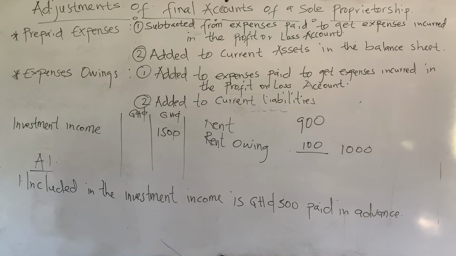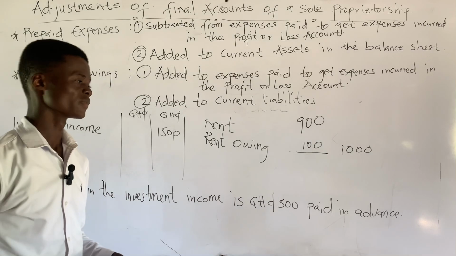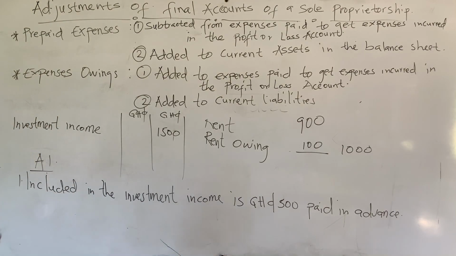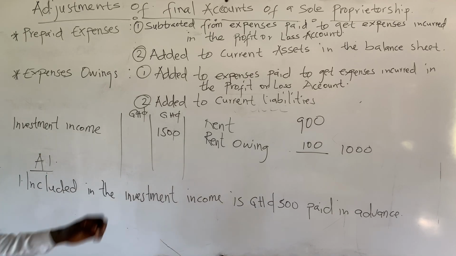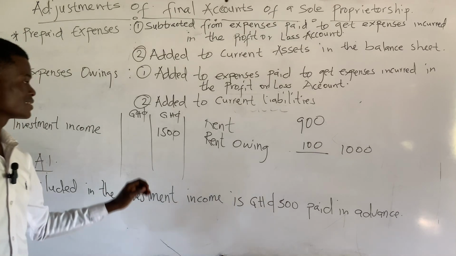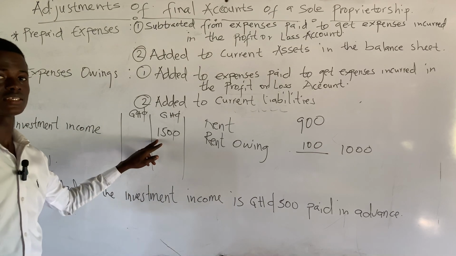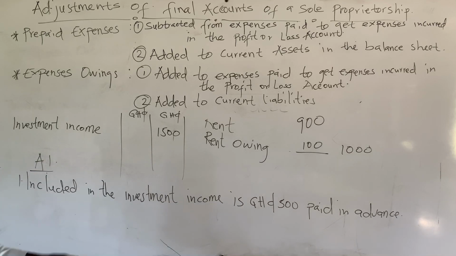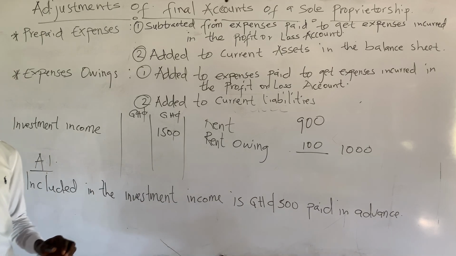On the trial balance, you have investment income of 1,500 cedis. But in the additional information, it's telling you that included in the investment income above is 500 cedis paid in advance. So this means that 500 cedis out of the 1,500 cedis is unearned revenue. You only received that 500 cedis by mistake.